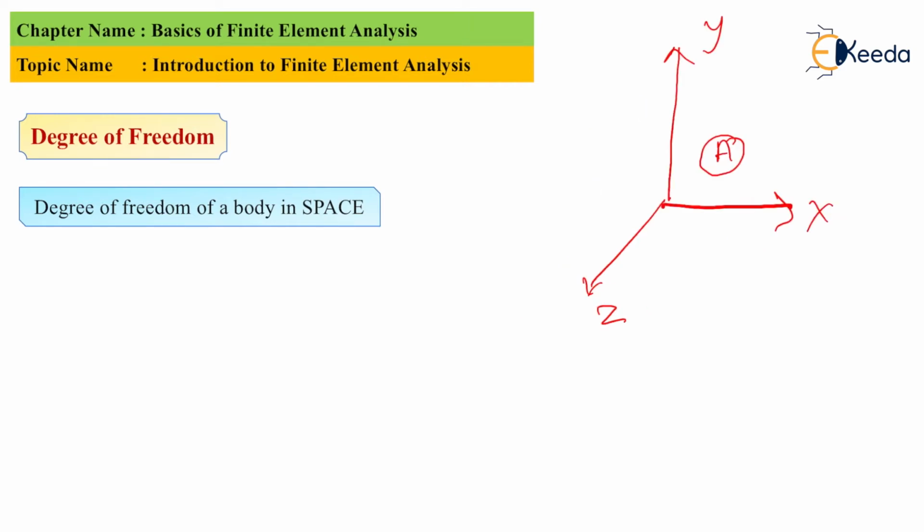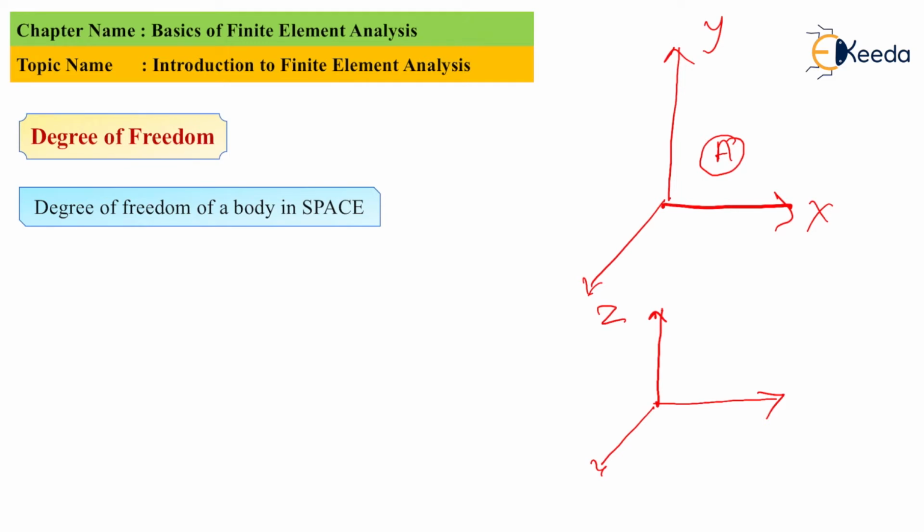So I can give the point A total 6 degrees of freedom. Namely, point A can move in the x direction, in the y direction, as well as the z direction. Hence, it is having 3 translatory motions which symbolize 3 degrees of freedom.